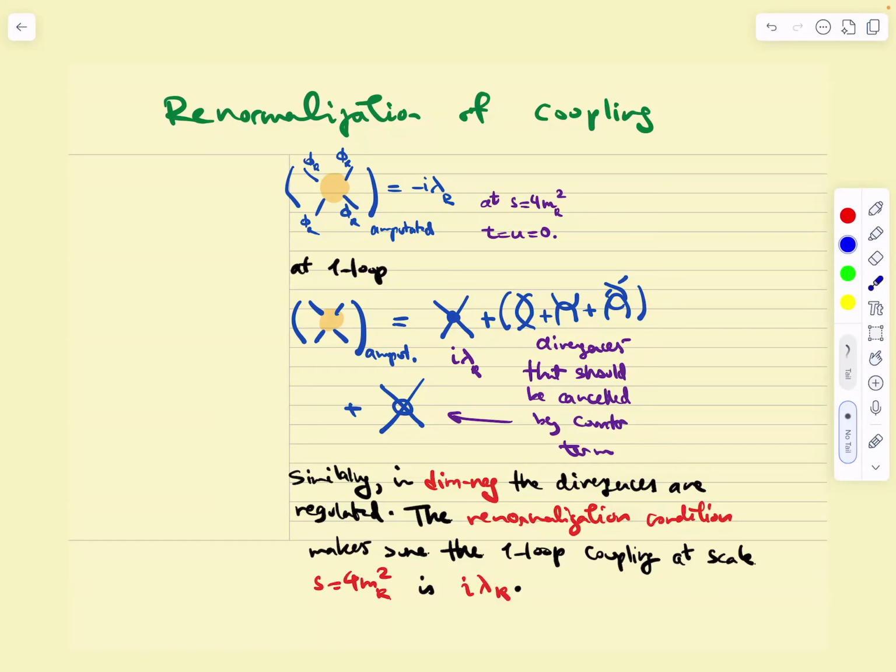Theta equals 0 is called the forward scattering limit, because basically there's no deflection. Anyway, these are Mandelstam variables. T equals 0 equals U equals 0 is theta equals 0.